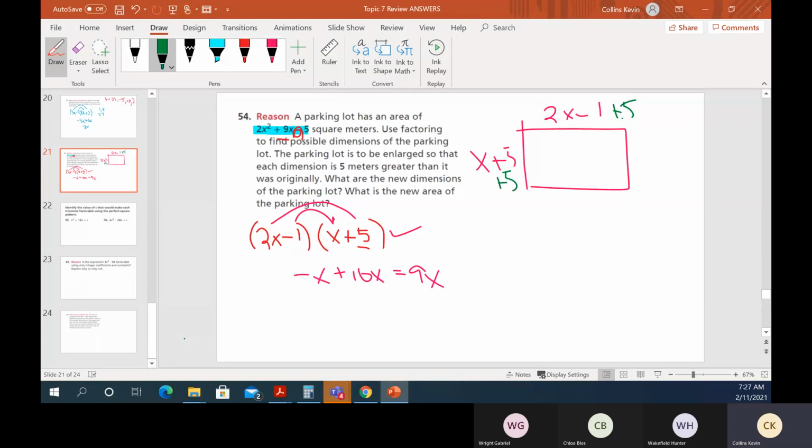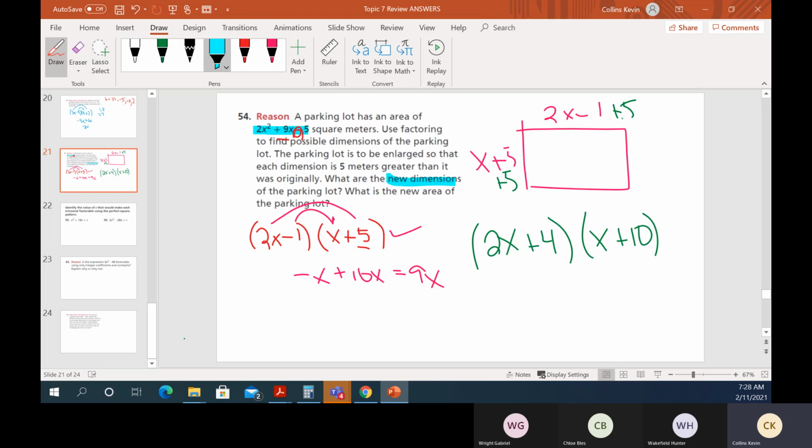So it says, what are the new dimensions? Well, we just add these guys, right? So this one would be 2x, and we have minus 1 plus 5, so it'll be plus 4. Okay? And this guy's going to be x plus 10. Okay, so there's our new dimensions. So new dimensions, check, got that.